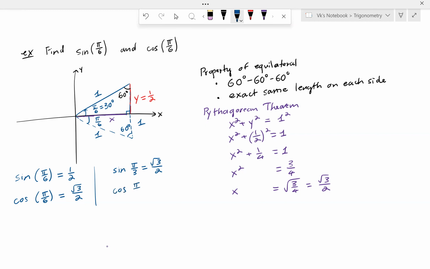Cosine of pi over 3, adjacent is y, 1 over 2. Look at this. Sine of pi over 6 is cosine pi over 3, and cosine pi over 6 is sine pi over 3. From here, you see that there's got to be an identity here.